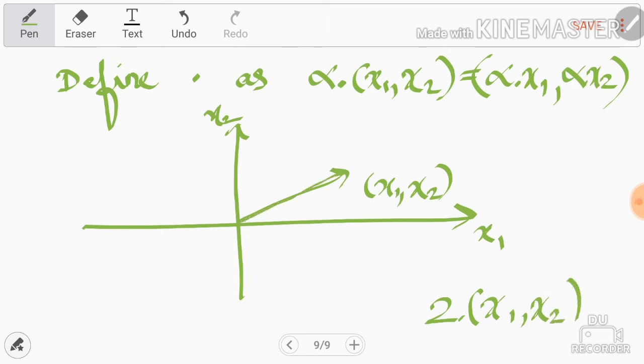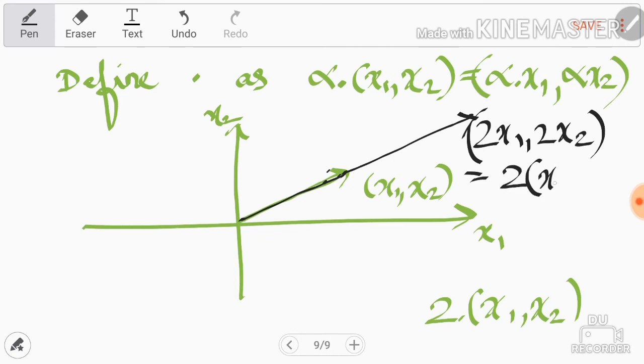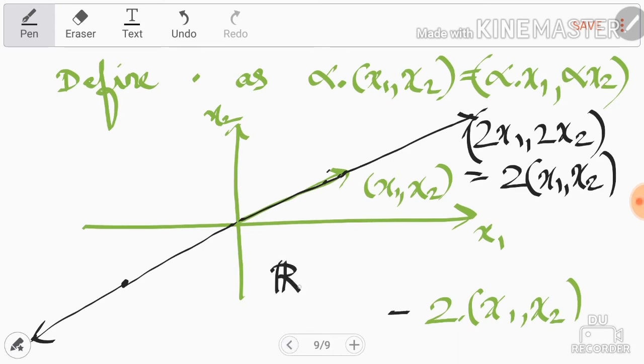It simply means that you have a vector that is doubled. So this will be our (2x1, 2x2), which is the same as 2 times (x1, x2). That's the geometry behind it. If you have minus 2 times (x1, x2), you will have the vector doubled in the opposite direction. So that's the scalar multiplication and vector addition in the space R2.